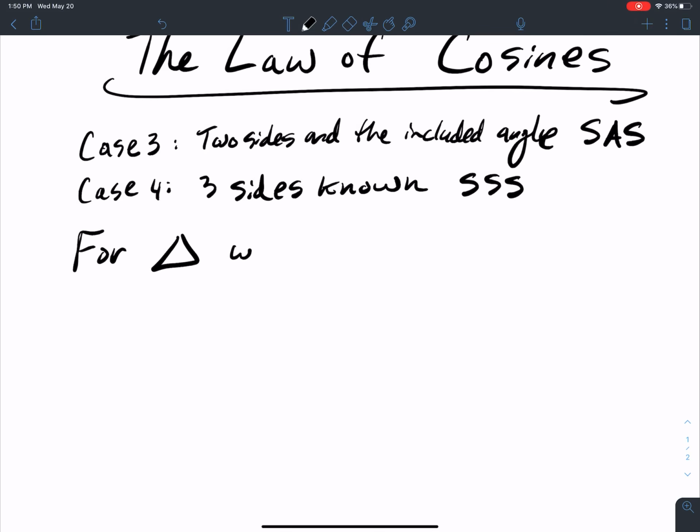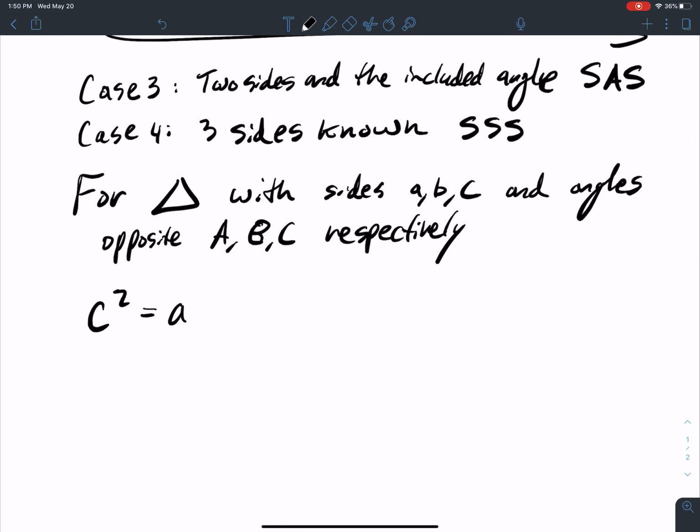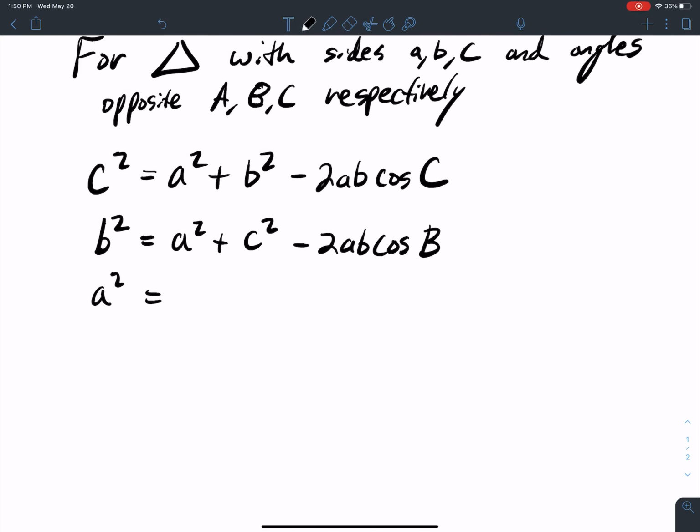Okay, so the law of cosines for a triangle with sides little a, little b, little c, and angles opposite capital A, capital B, capital C respectively, we have c squared equals a squared plus b squared minus 2ab cosine C. We have b squared equals a squared plus c squared minus 2ab cosine B. And I have a squared equals b squared plus c squared minus 2ab.